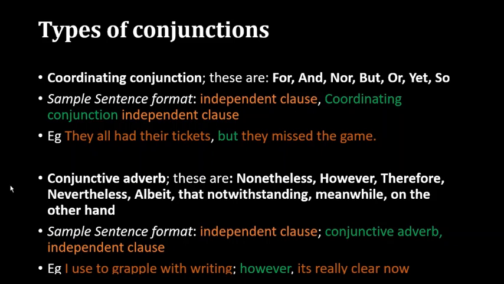Looking at how the sentence is formed, you have your independent clause, that's your first sentence. Now you bring a semicolon, the conjunctive adverb, and a comma. If you want to use these to connect two clauses together, this is how you do it: independent clause, semicolon, conjunctive adverb, comma, and an independent clause will follow.